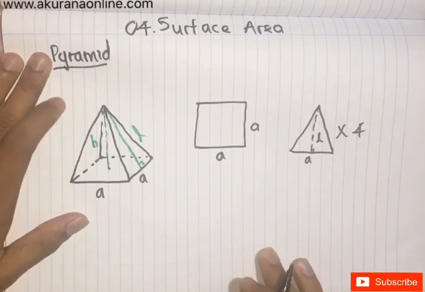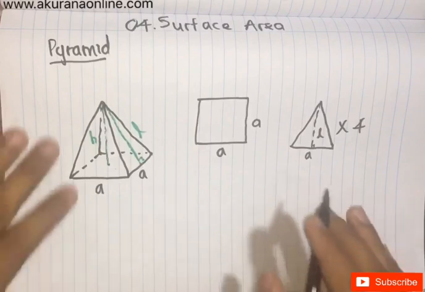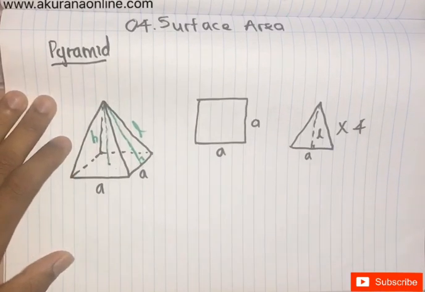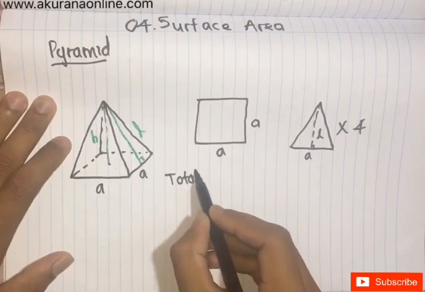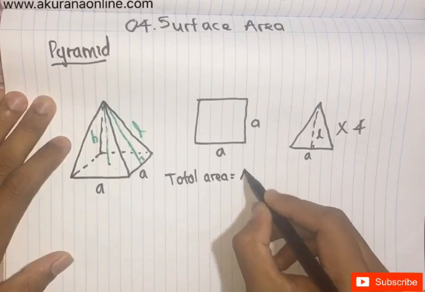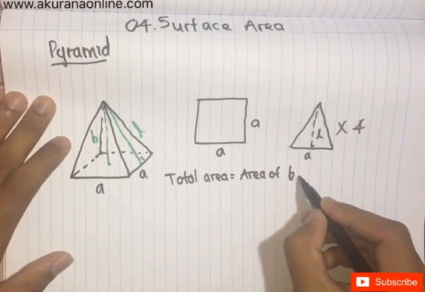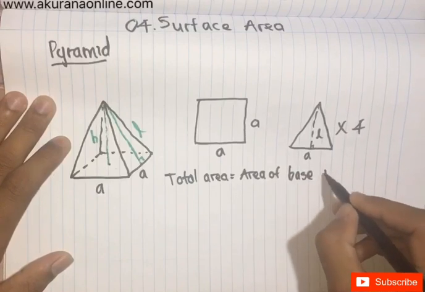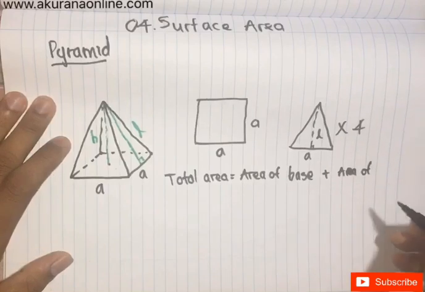Now here what you have to do is simple. In order to find the total area, total area is equal to area of the base plus area of all four triangles.